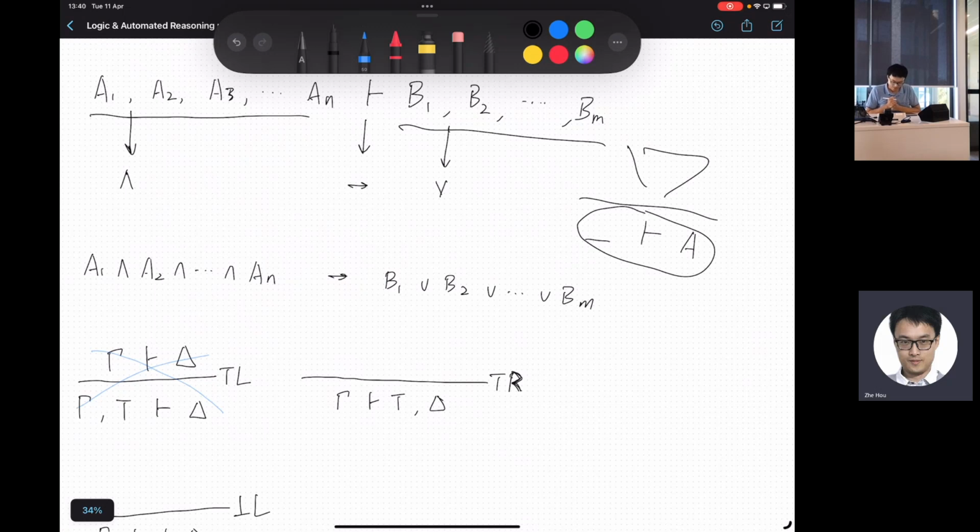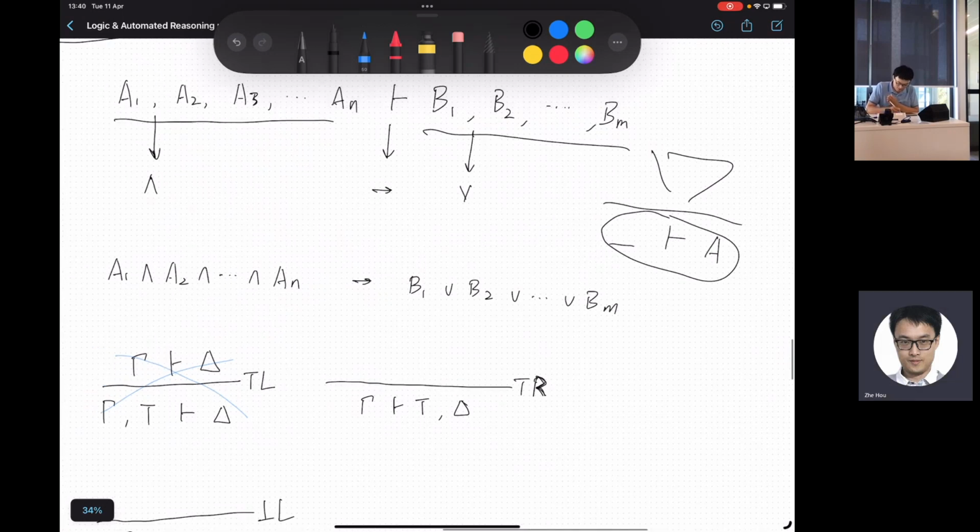So basically, the other way you can understand the sequence when we read it in the refutation way is that everything on the left-hand side is true and everything on the right-hand side is false. Okay. So that means, if we add not here, not B1 or B2 or B3, we apply De Morgan's law, it would be not B1 and not B2 and not B3.